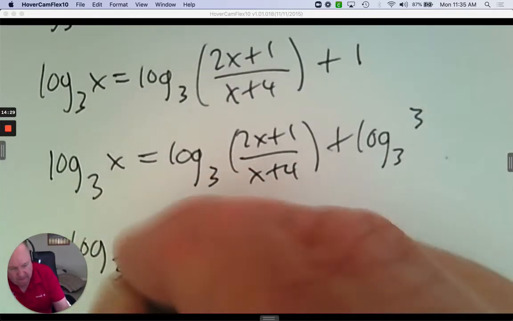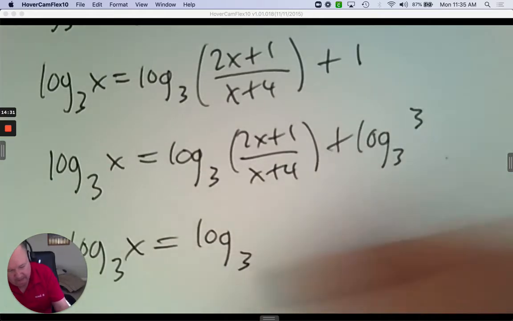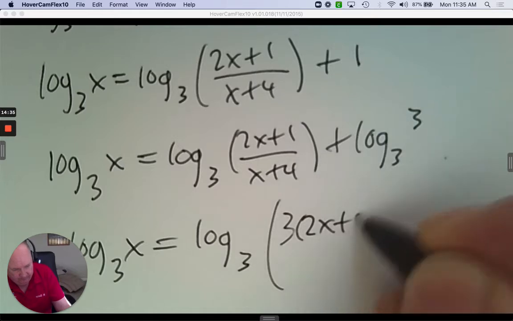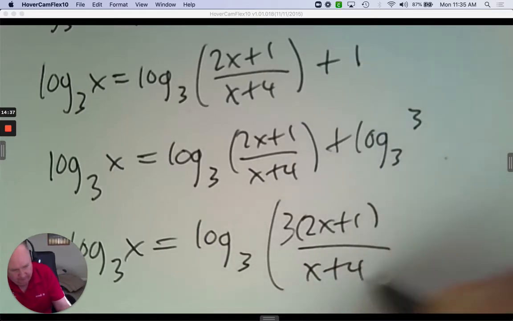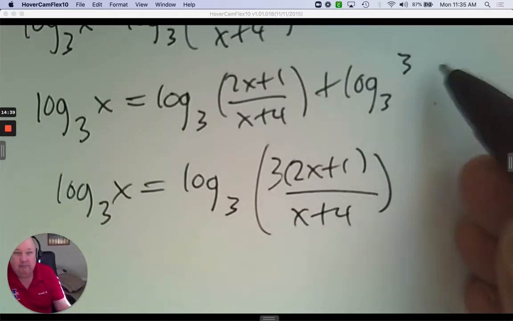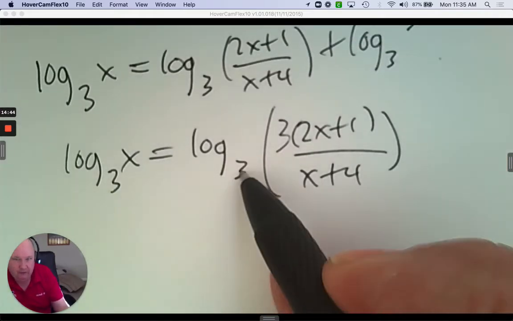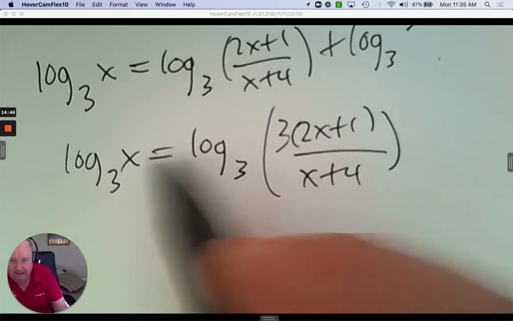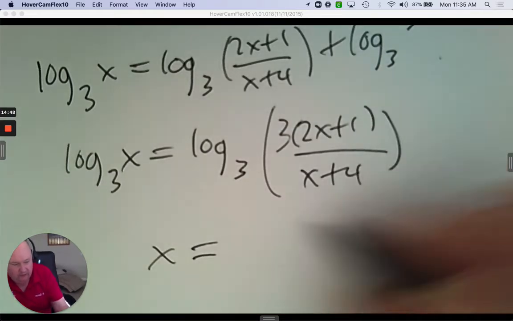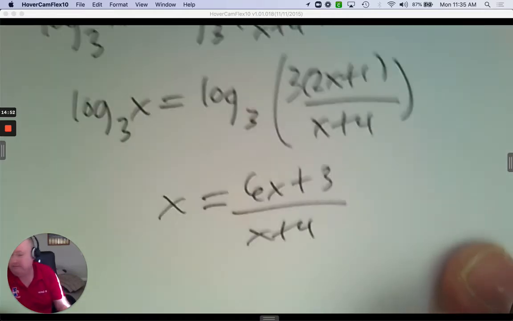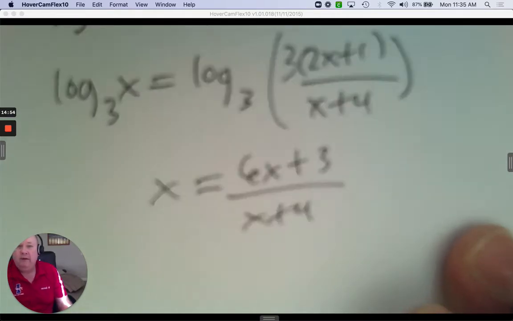So I'm going to write the right side as one logarithm now. If you're adding, it means you multiply. So I'm going to multiply by 3. There it is. Now that the bases are the same and log, I can just let what's on the inside equal each other. So x equals 6x plus 3 over x plus 4.